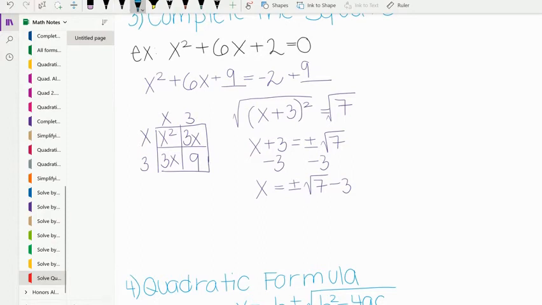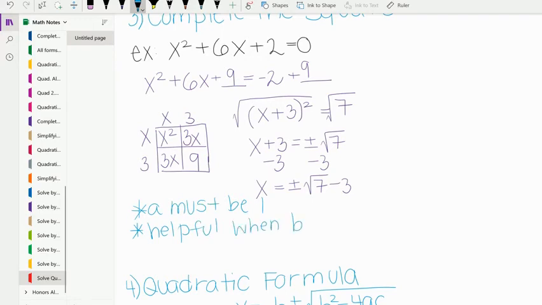So let's talk about a couple of important things: when you would want to use completing the square and what the rules are. So remember, a must be 1. And the other thing we said, it's helpful when b is even. It's not necessary though.